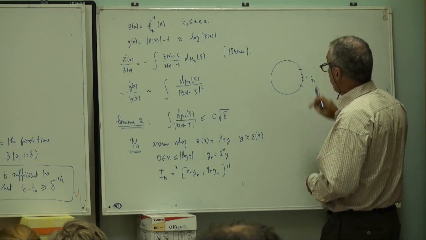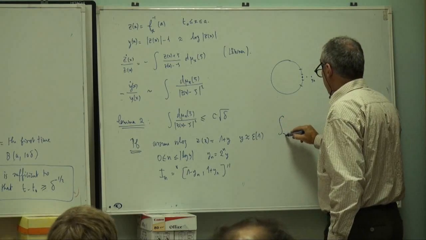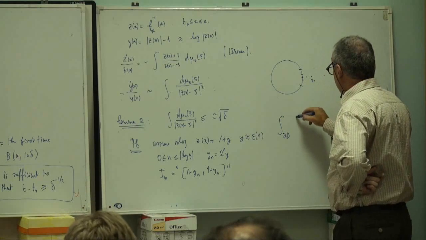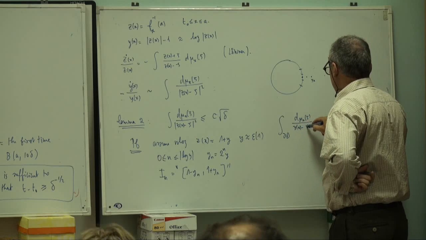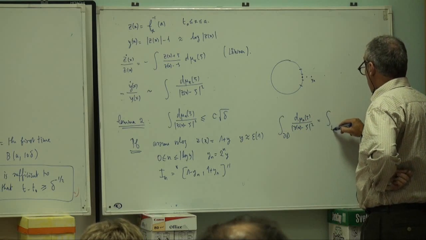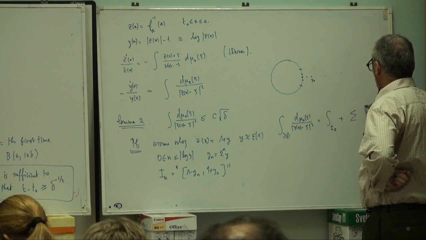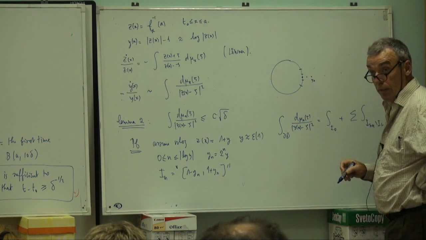It's a way of localizing here. Okay? And then the integral over d delta of d mu x of zeta divided by z of x minus zeta squared will be the integral over I naught plus the sum of the integrals over I n plus 1 minus I n. Okay?